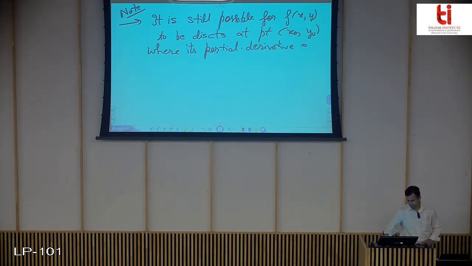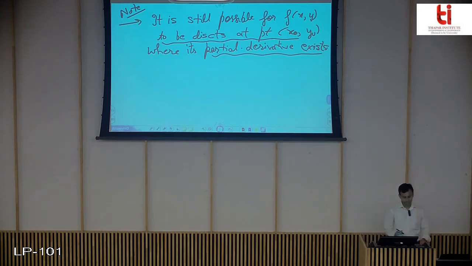So here he says that a function of two variables can be discontinuous. In single variable, we always know that if the function is differentiable, it is going to be continuous. But in case of a two variable function, it can be possible that the function is discontinuous at a given point, and there its partial derivative exists.